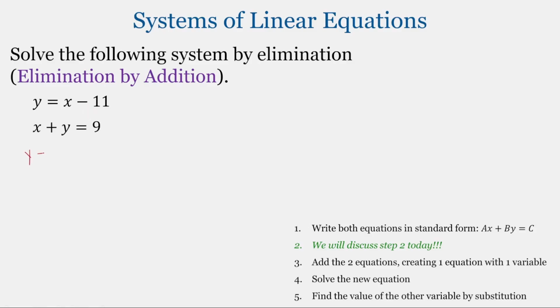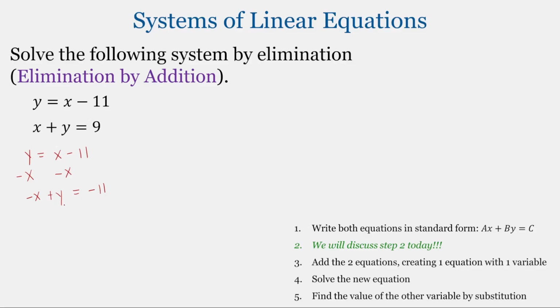I'm just rewriting the equation. Then let's get this x to the left side, so we subtract x from both sides. We end up with negative x plus y on the left side, and the x's disappear on the right. We've eliminated it from the right side of the equation, and this is equal to negative 11.